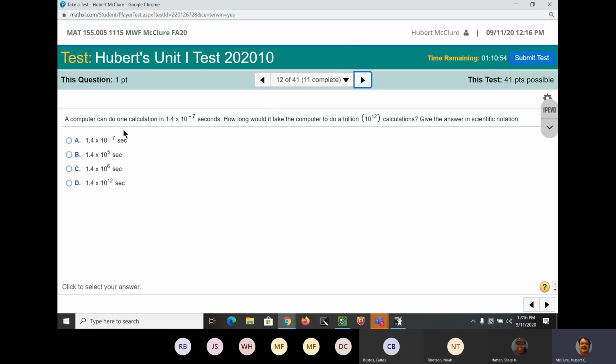All right, it says a computer can do one calculation in 1.4 times 10 to some power seconds. How long would it take the computer to do 2 trillion? All right, I got a question for y'all.